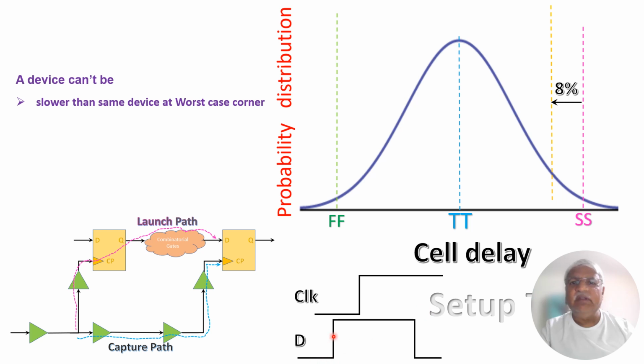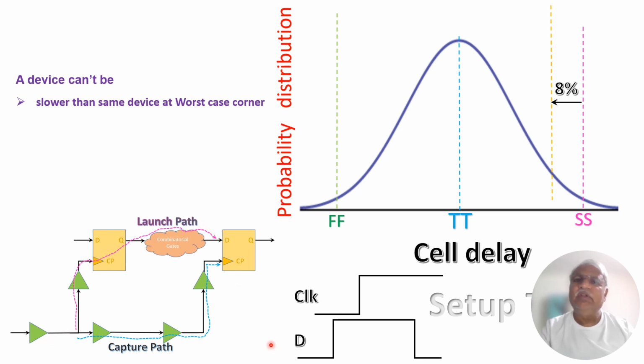Here D is coming and then changing into low. Here is the clock situation, and currently it has a setup of this much. So D is here, that means the clock is coming in this way and the data is coming through this manner.